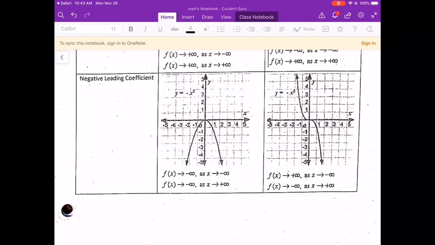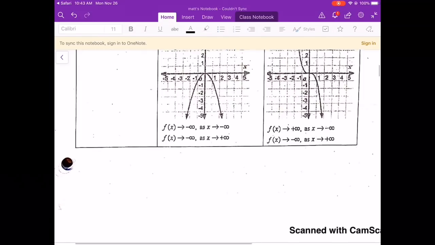When it comes to our odd degree functions, the arms are going to switch. On the left side, the arm will be pointing up, so as x goes to negative infinity, the y's are going up to positive infinity. And on the right side, that arm is pointing down, so as the x values go to positive infinity, the y values are heading down to negative infinity.